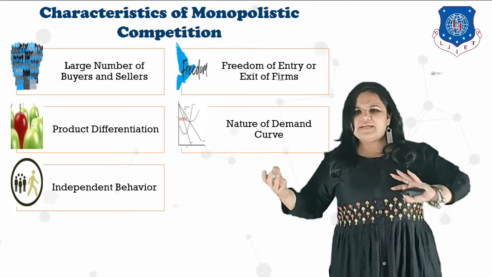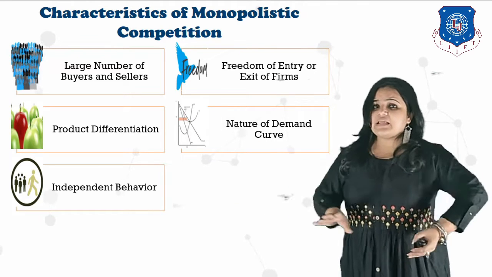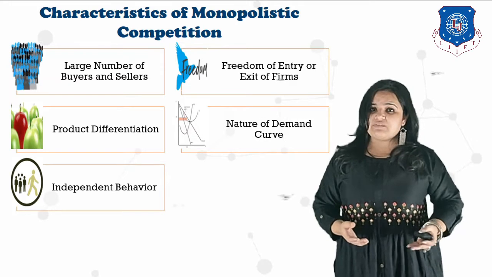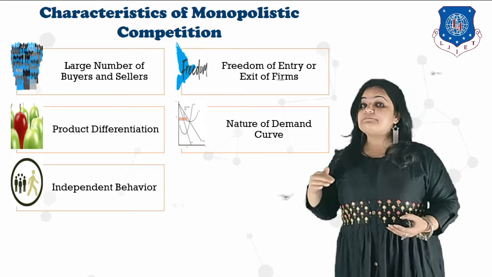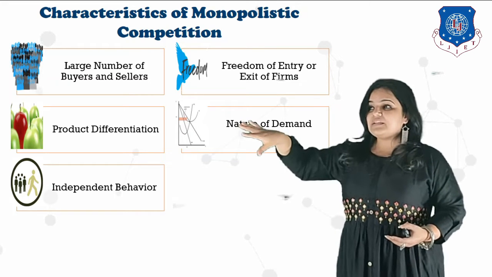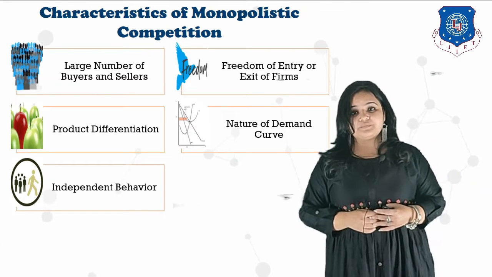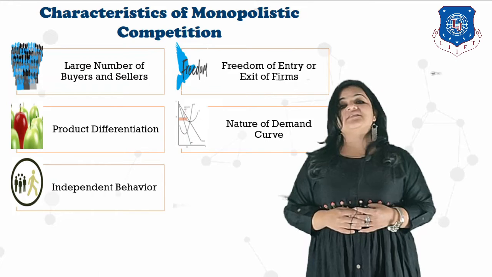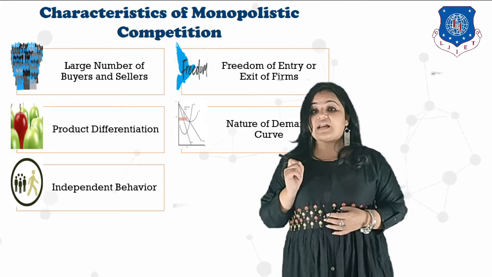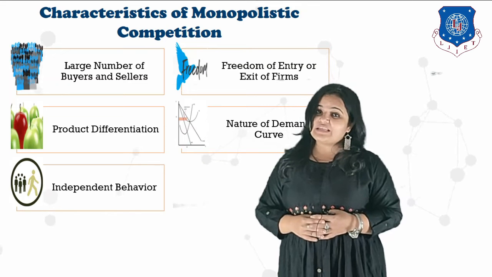If they want a better quality, they may pay 10 to 20 rupees extra. You can sell your bucket at 60 rupees or 70 rupees. You cannot sell your bucket at 500 rupees because people would then start buying buckets from other vendors, because there is not much difference in the products. The differences are comparatively small, and these firms are interdependent on each other.